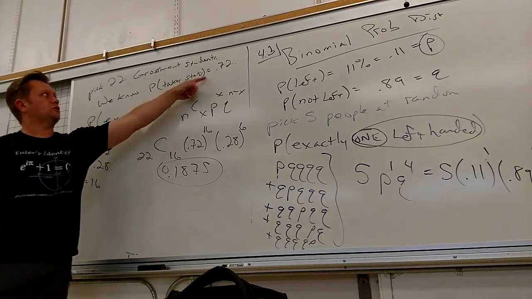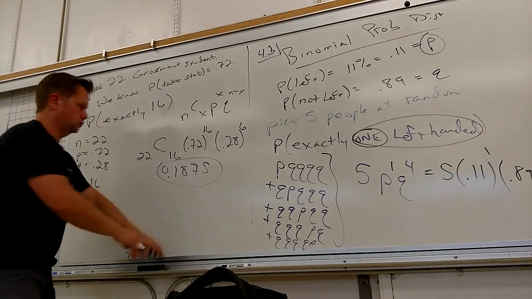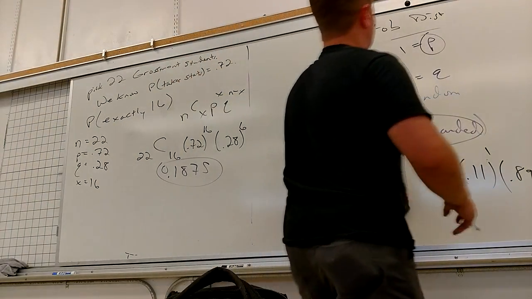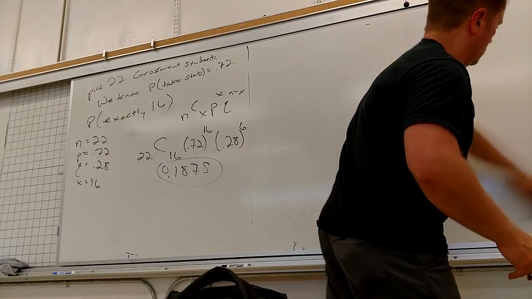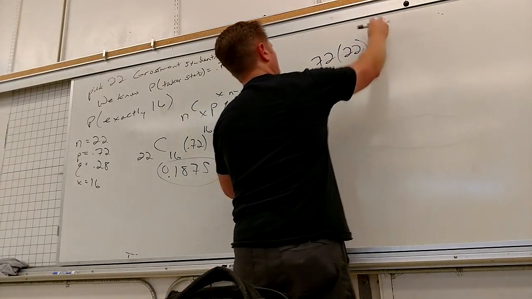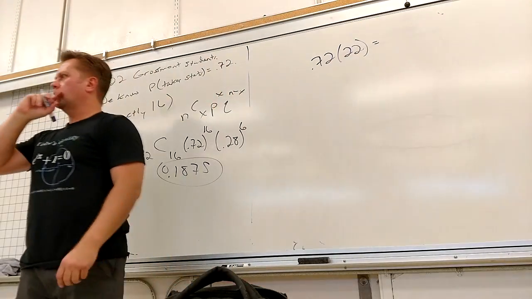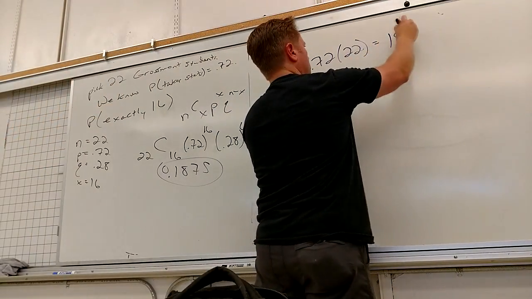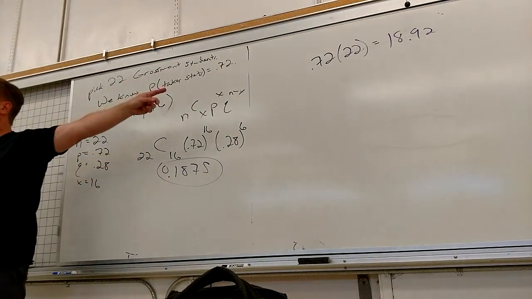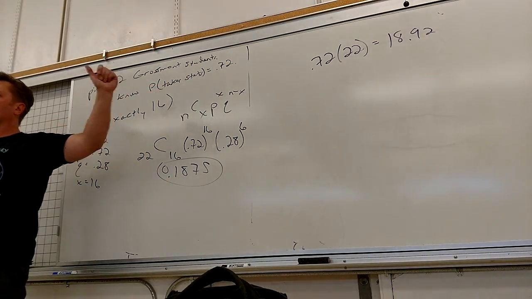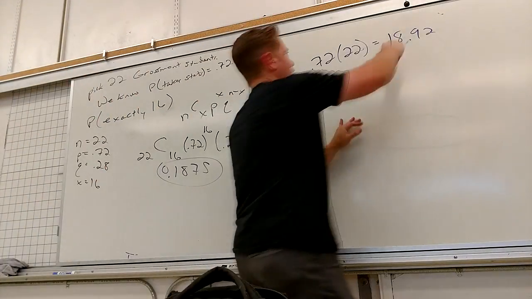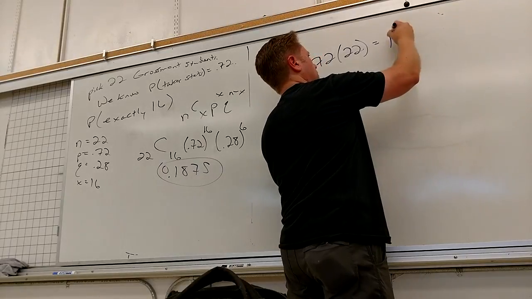So what is 72% of 22? 22 times 0.72 is 15.84. Something close to 16. That's why I picked 16, because I knew it was close to this.